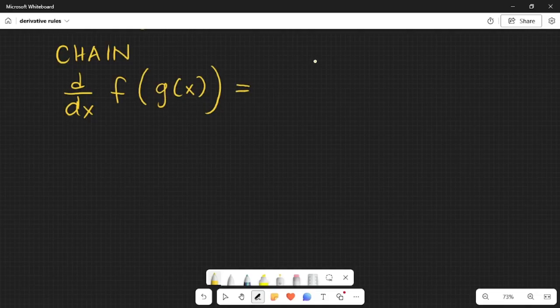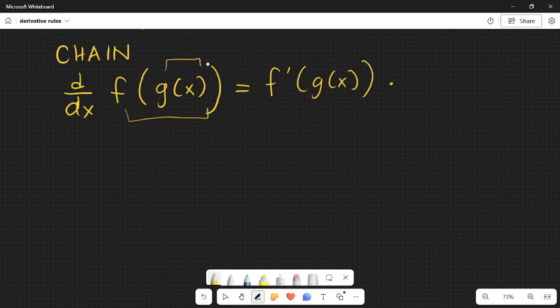So you're going to take the derivative of the entire function and itself, and then multiply it by the derivative of the inside function. This is the outer function and this is the inner function. All you have to do is pretend that the inner function is just a variable, and treat the outer function as your expression.